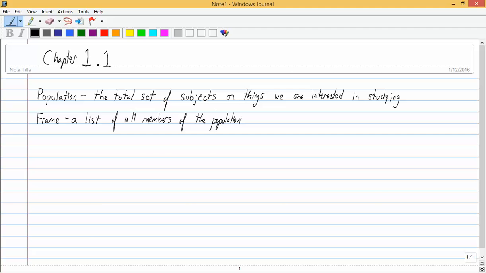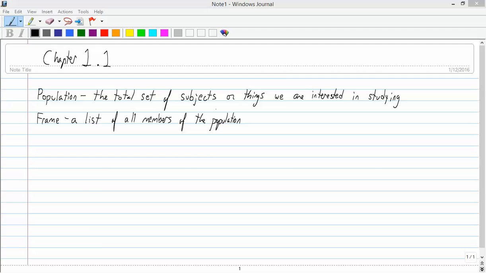So something like this would pretty much be impossible if my population, say, was every male in the United States. But if it's a smaller study, maybe I'm studying heart rates of females from age 18 to 25 that attend Copiah Lincoln Community College, that's doable. It'd be a big list, but it'd still be a list. So a list of all the members of a population, that's a frame.